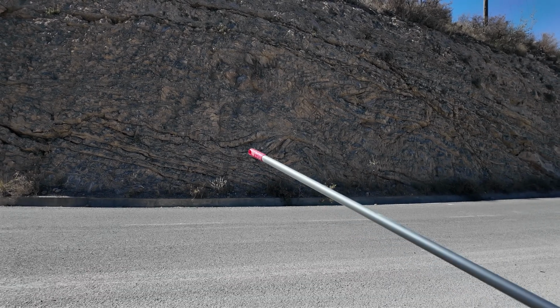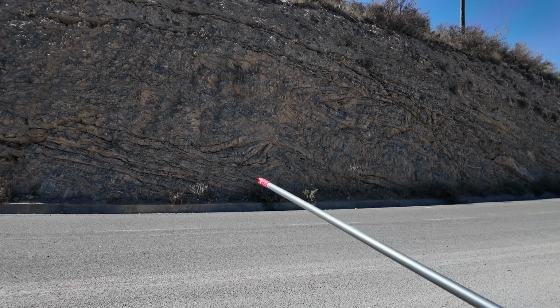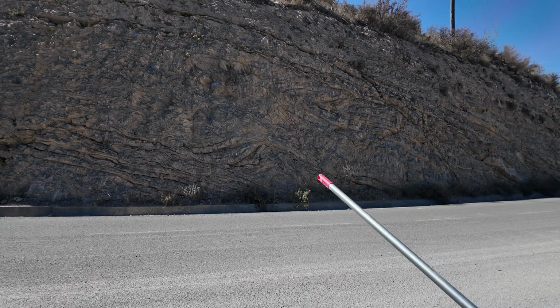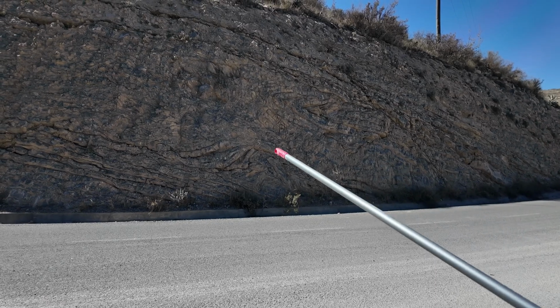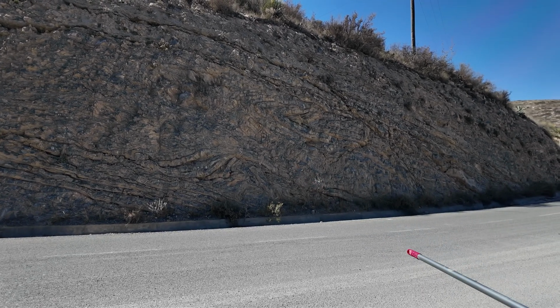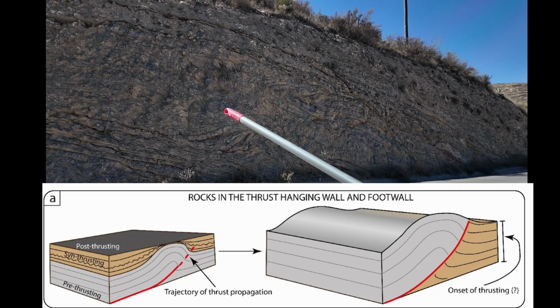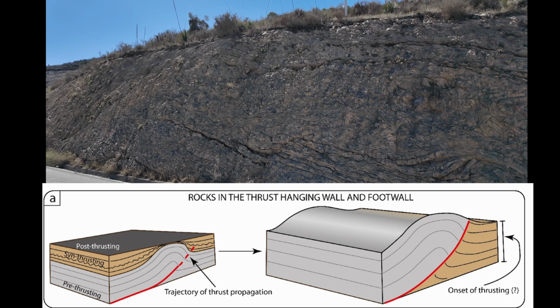All the sediments were settling down, then they were cemented and they became rock, and then later on we have the folding of the strata through a thrust or a low angle inverse fault, and later on we have the normal fault going in that direction.